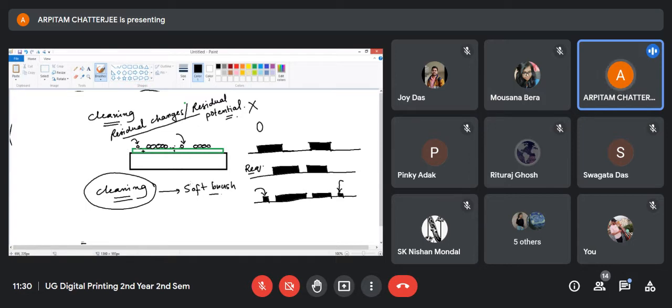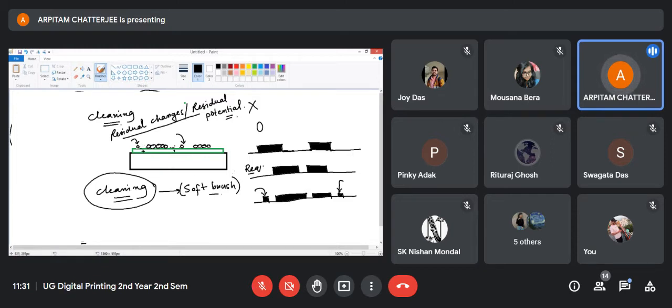So if a soft brush is just wiped a few times, then due to the static electricity these toners get collected, and whatever residual charges there are get neutralized.